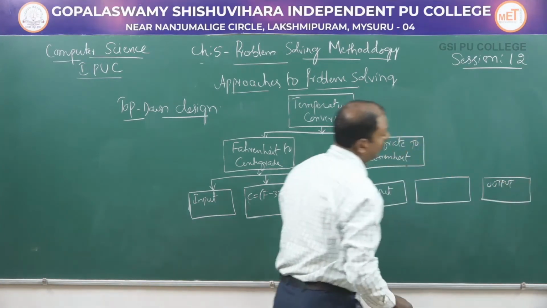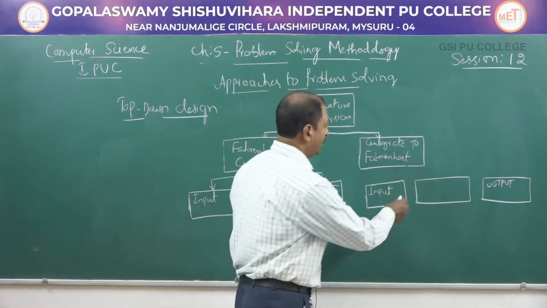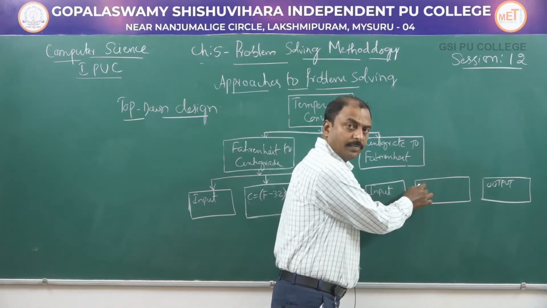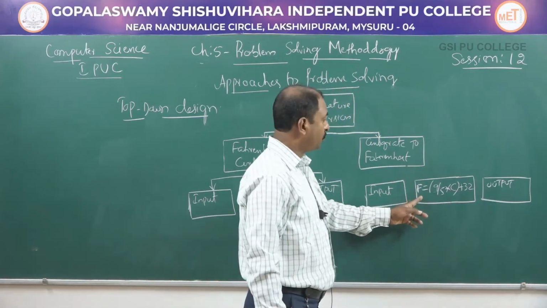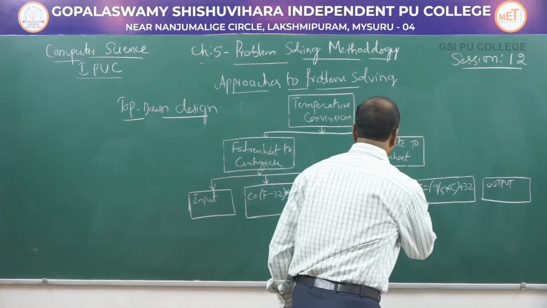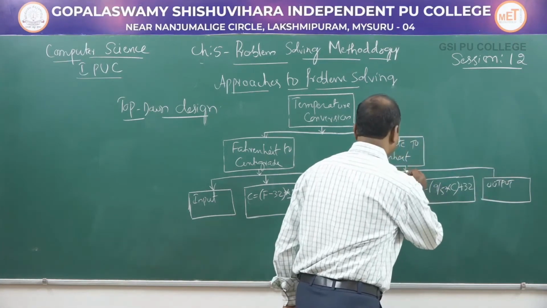In processing we have to write the formula. So this is the formula, F equals 9 by 5 into C plus 32. So again these three are sub-problems.